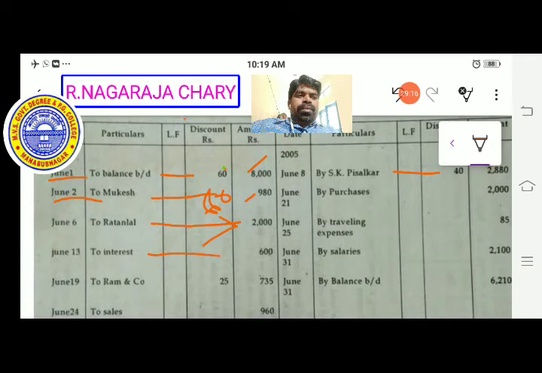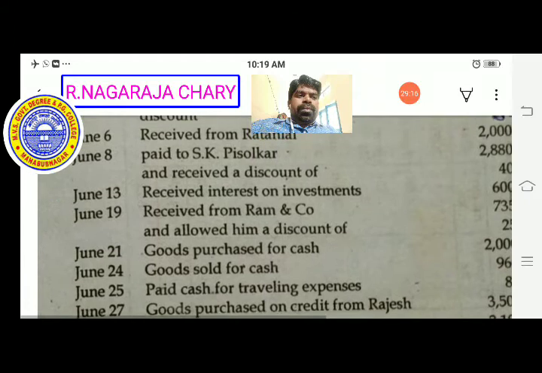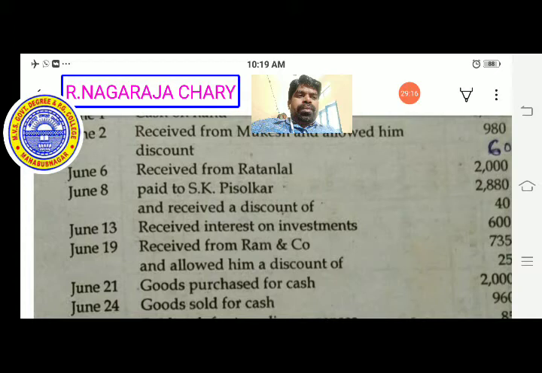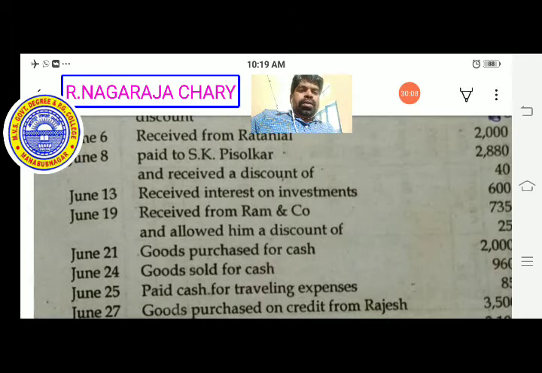So, you see interest, we are receiving interest 600 rupees, a receipt. Next, 19th, received from Rama and Company 735 rupees and allowed him a discount of 25 rupees.